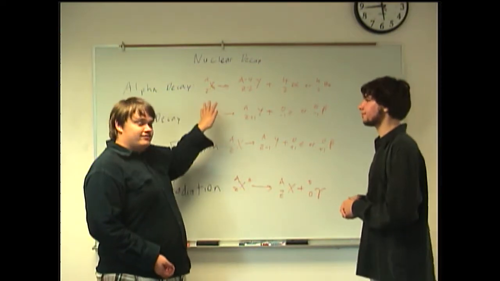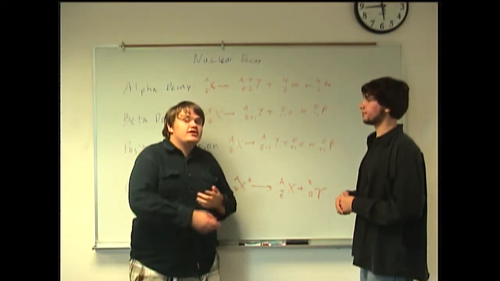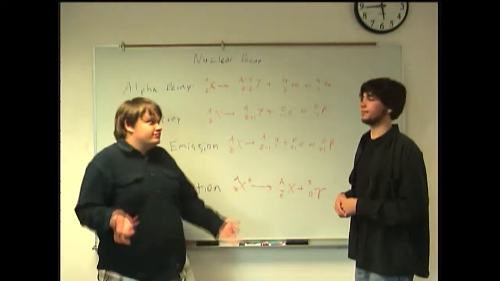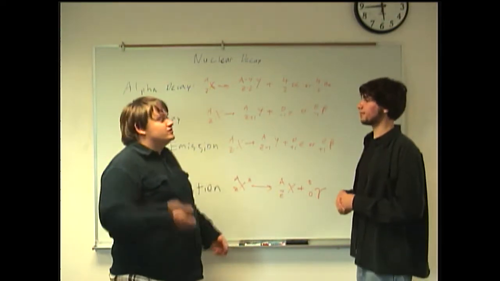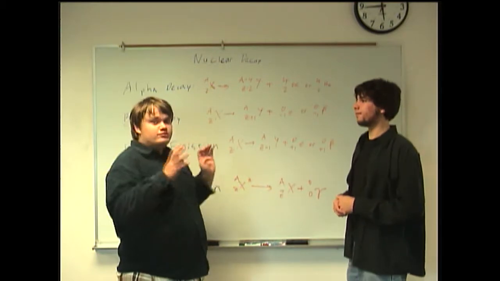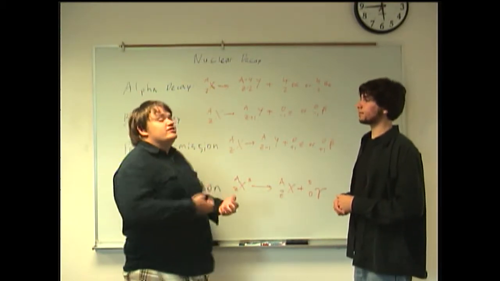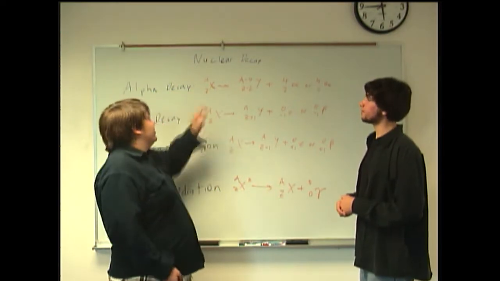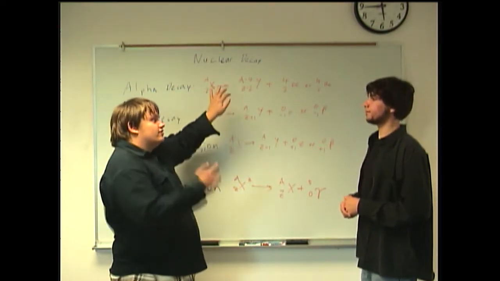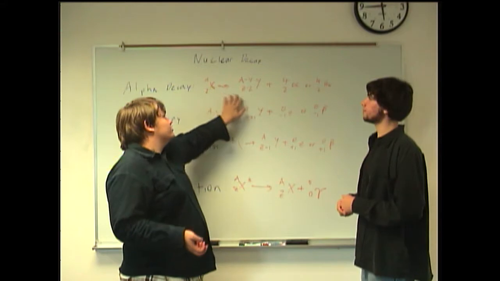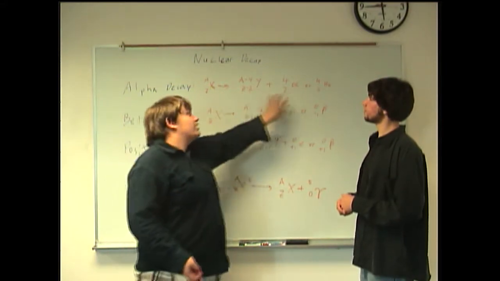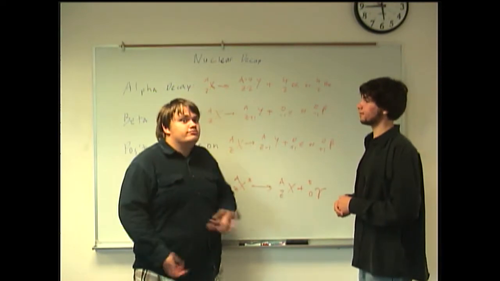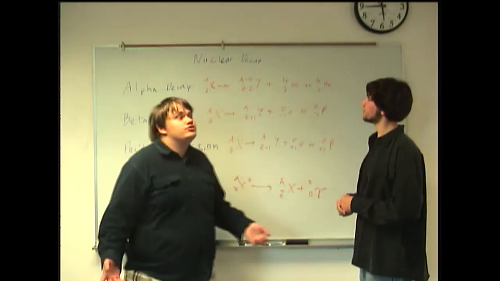Now, when you have a nucleus, and it's typically a large nucleus, like a nucleus of uranium, for example, often it's so large it has to break apart and emit a smaller particle, and that's what happens in alpha decay. So you have your nucleus, and then it breaks apart, and then you have an alpha particle, which is also known as a helium nucleus because it has the same protons and neutrons as a helium nucleus.